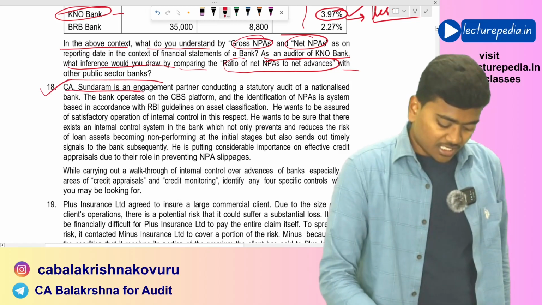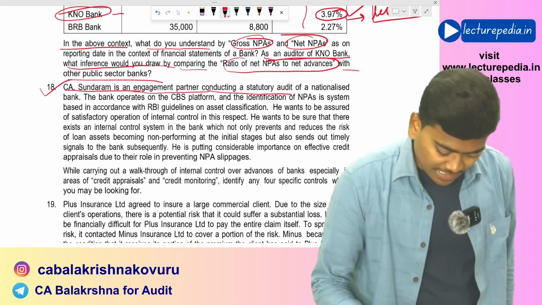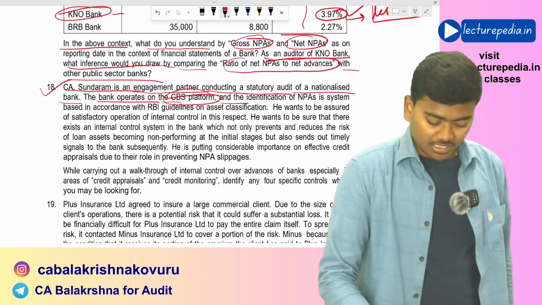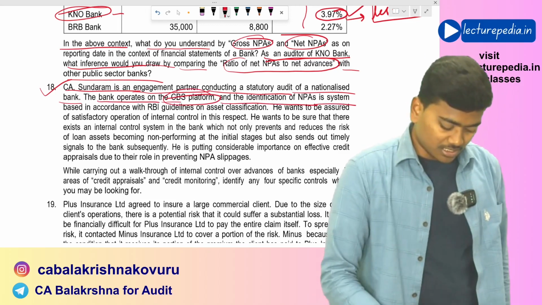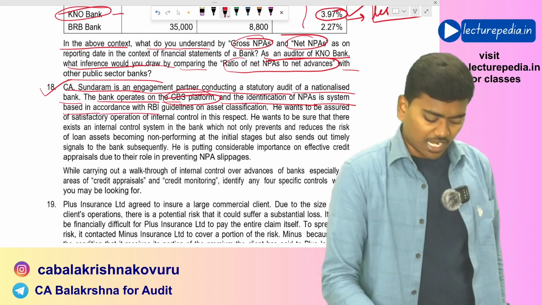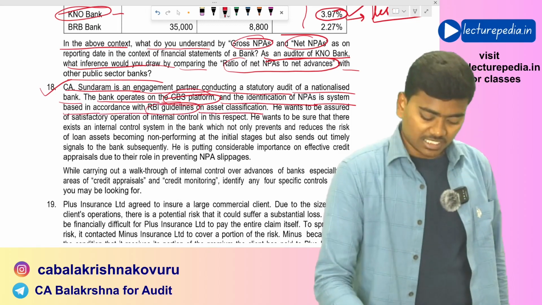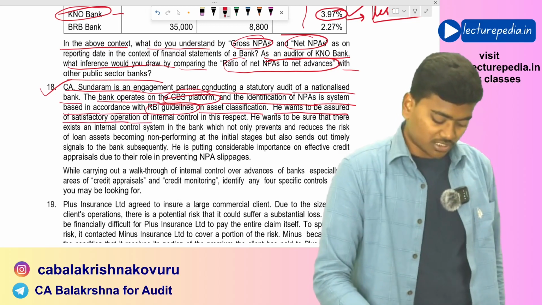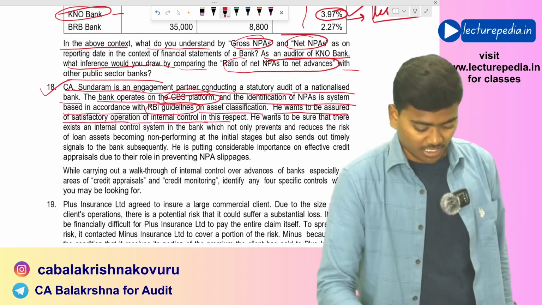CA Sundaram is an engagement partner conducting a statutory audit of a nationalized bank. The bank operates on the CBS platform and the identification of NPAs is system based in accordance with RBI guidelines on asset classification. He wants to be assured of satisfactory operation of internal control in this respect.